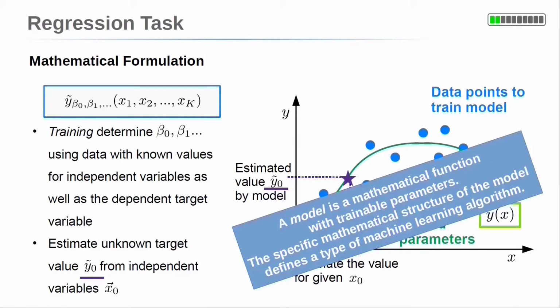So a model is a mathematical function with trainable parameters. The specific mathematical structure of the model defines a type of machine learning algorithm. Such algorithms can be, for example, linear regression or neural networks.